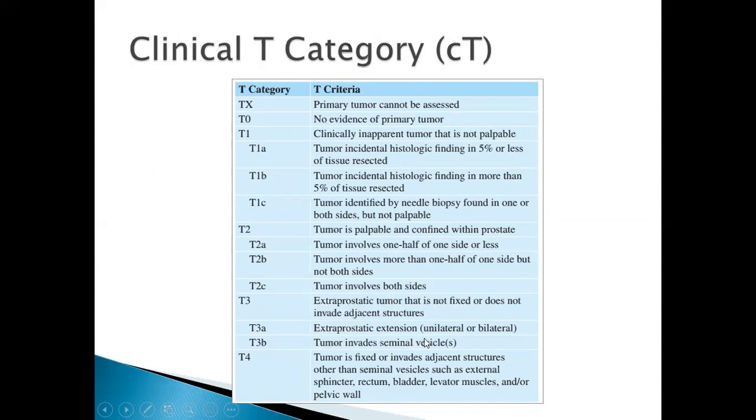T3B is tumor invades seminal vesicles, okay? And that's specific, okay? So you should always be able to assign T3A or T3B, especially if the surgery was done at your facility and you have that pathology report, okay?